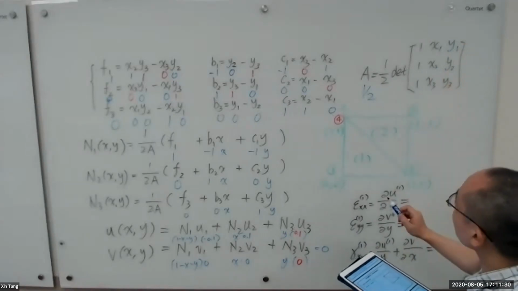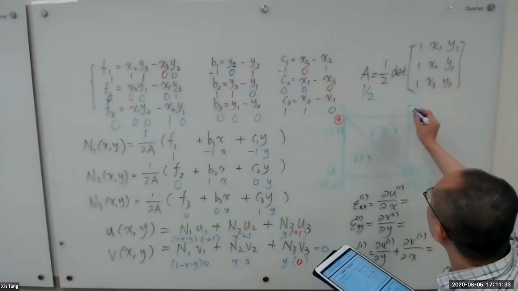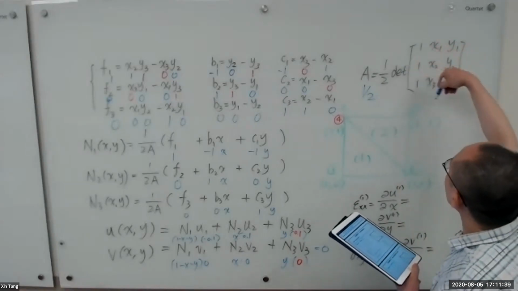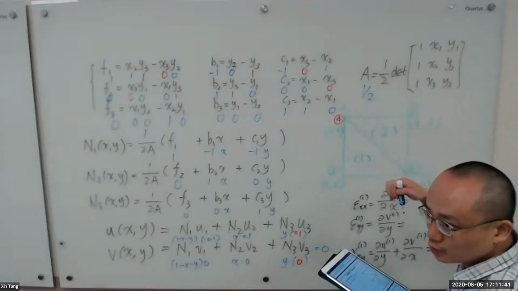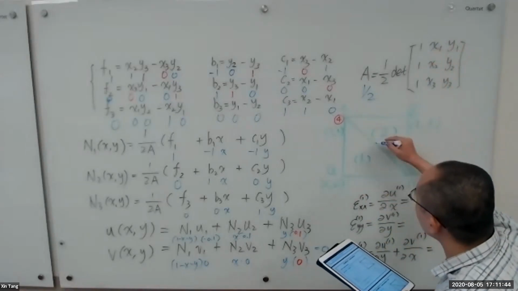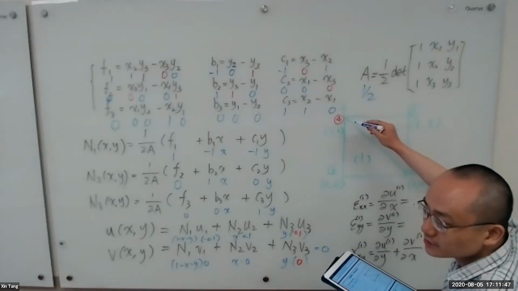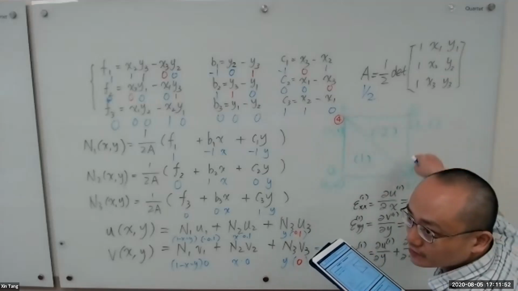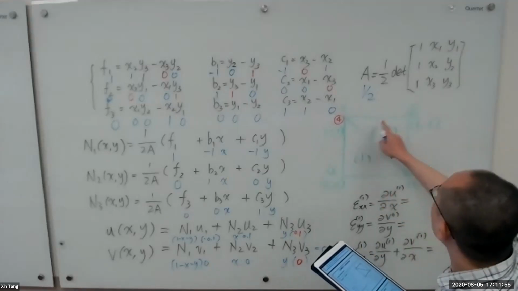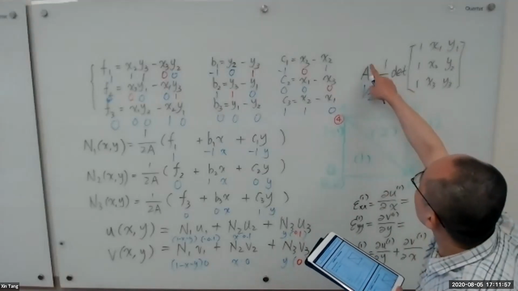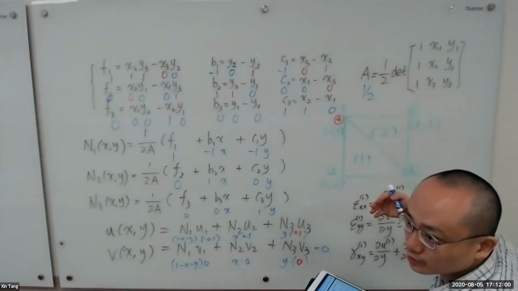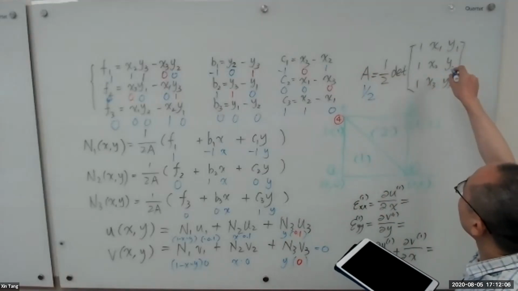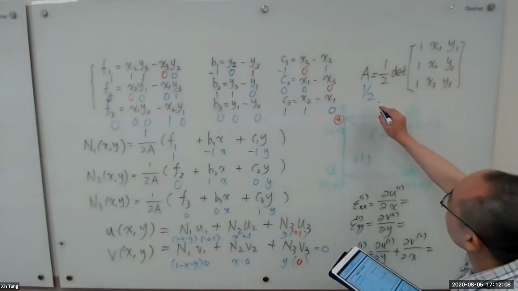But as I just mentioned, the determinant of this matrix equals twice the area of this triangle CST element, which equals the area of this square, 1 times 1. Half of that is 1/2, so A equals 1/2. That's very quick. If you understand the physical meaning of this matrix, you can quickly calculate A.